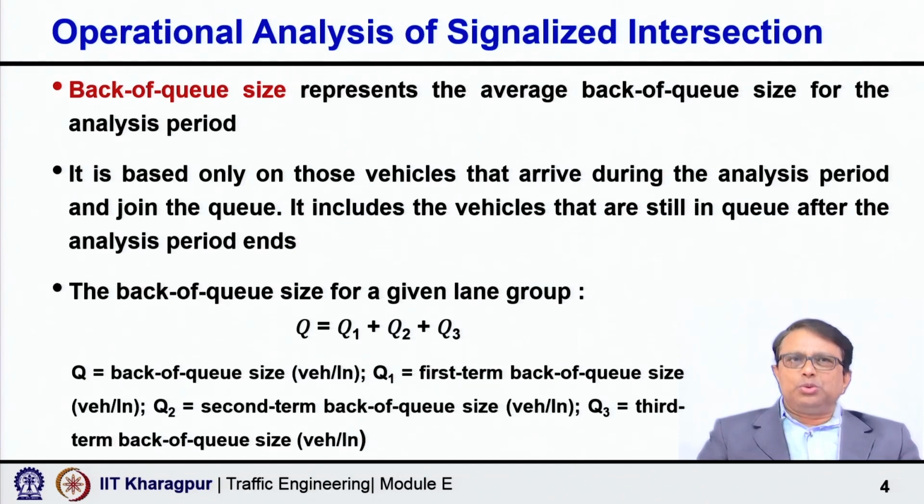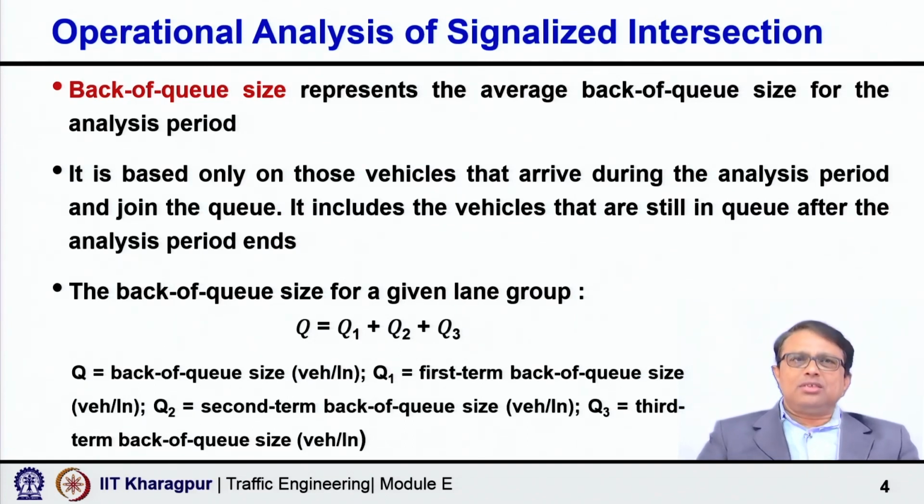Now, back of queue size represents the average back of queue size for the analysis period. So, what we considered so far, NF and TF, is only one part of it. There are more considerations while we are calculating the back of queue size.